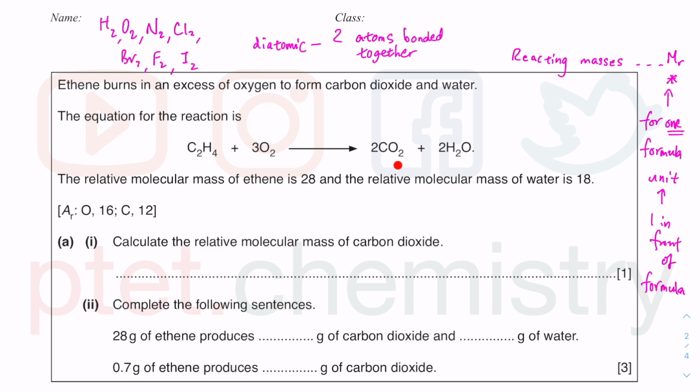Carbon dioxide is just CO2, but there are 2 formula units. So there are 2 of that CO2, and this is H2O as water, but there are 2 of that water because they need to balance the equations, as something that you have done in work 3 back in the last topic.